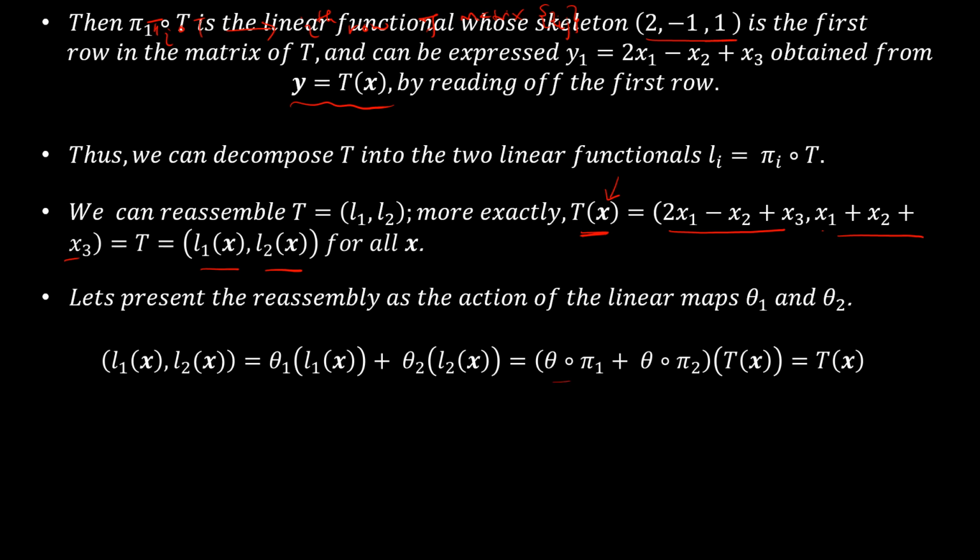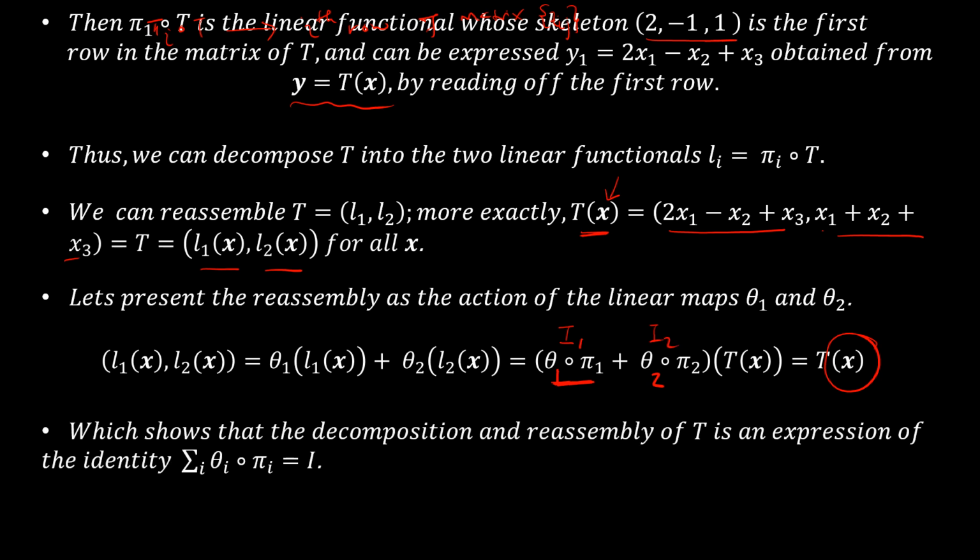and since we know L1x to be pi 1 of Tx, we can now put that 2 there, okay? And this is the same as x because these are identity 1 plus identity 2, right?